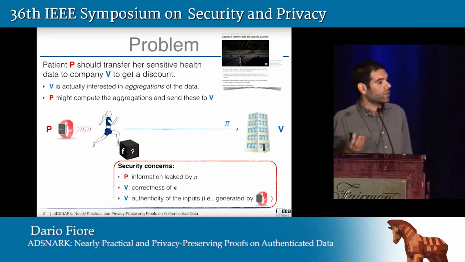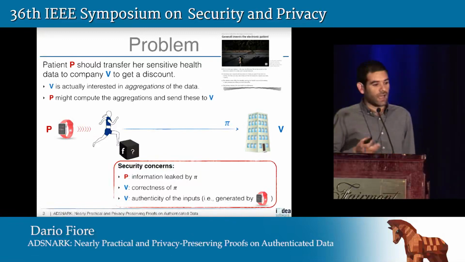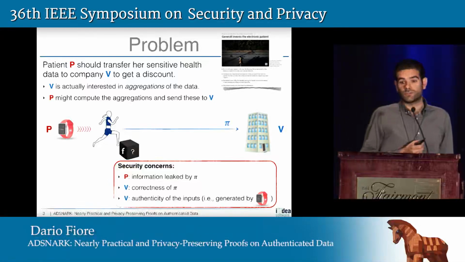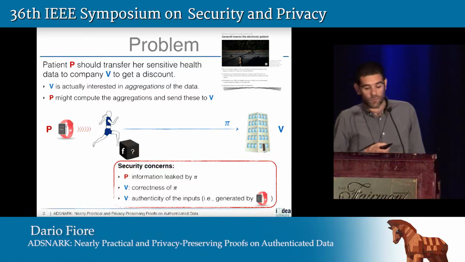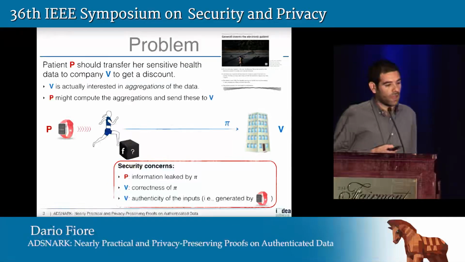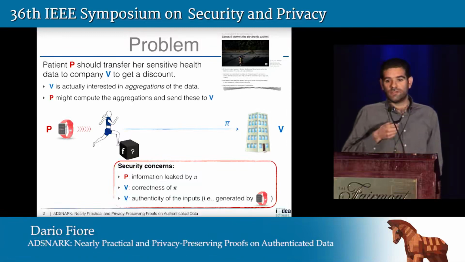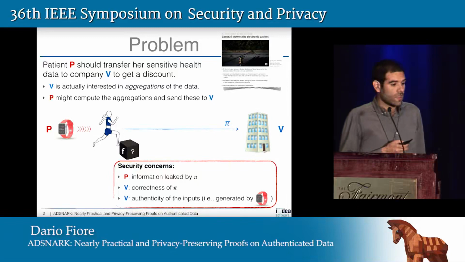And the company wants to be sure that the result, this aggregation that is computed, is really correct, and the patients are not trying to cheat. And finally, something which is also important is that the company wants to be sure that the data on which the aggregation is computed is really the one collected by the biosensor, and that it is not being tampered with.